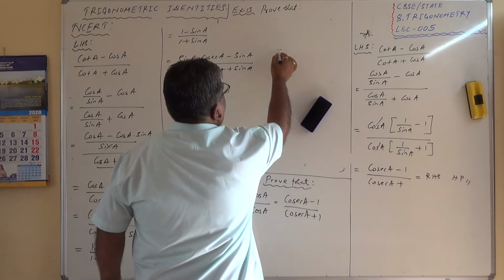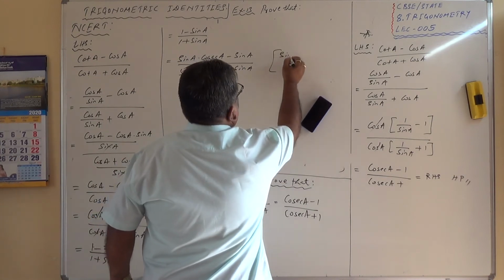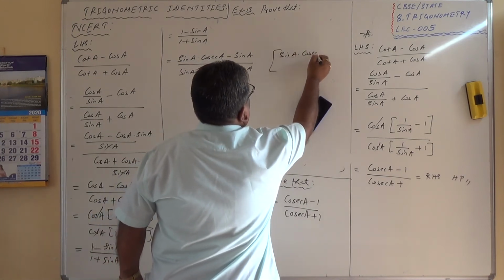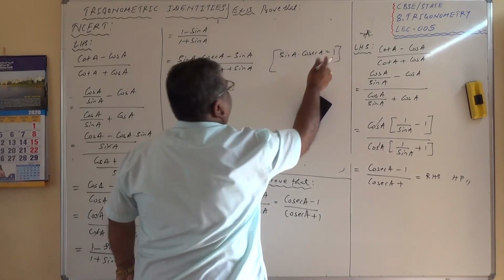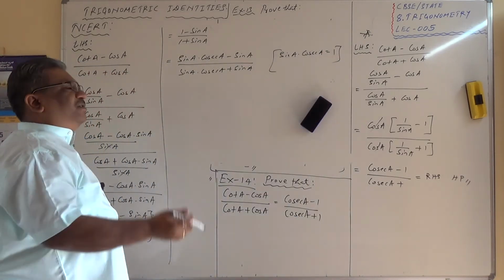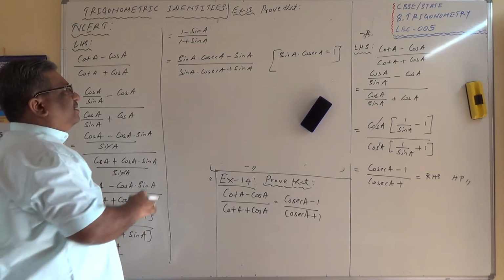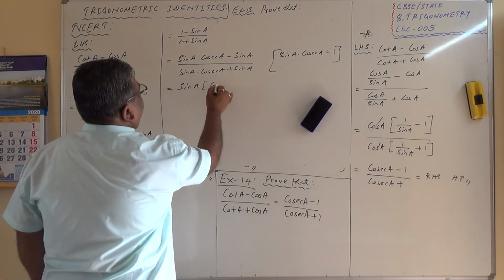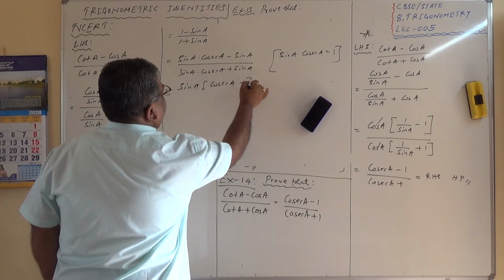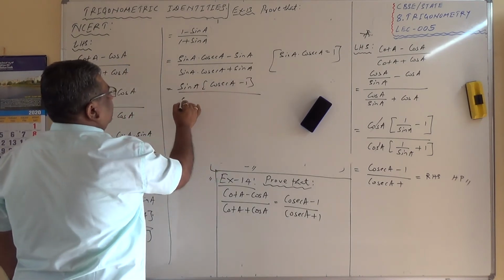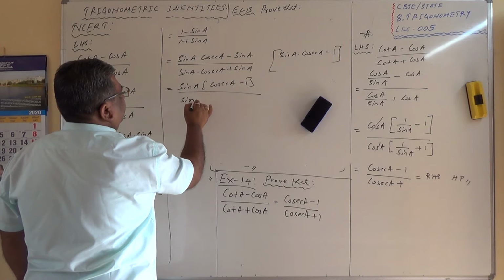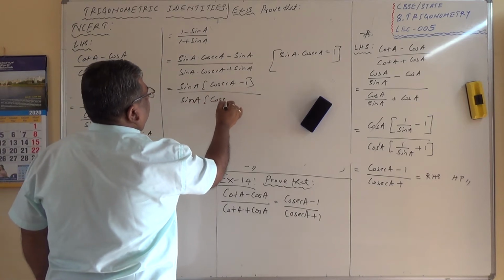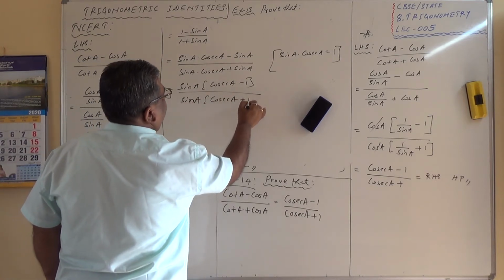Here I have to mention the reason: sin A into cosec A equals 1. That you mention, that everyone knows, because those are reciprocal relations. Now you take common here: sin A into (cosec A minus 1), and here also sin A into (cosec A plus 1).